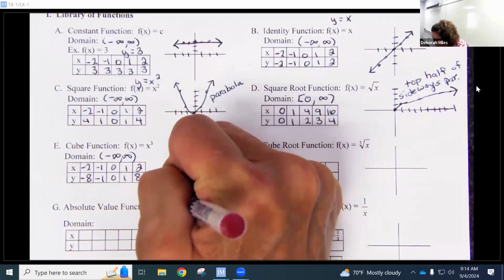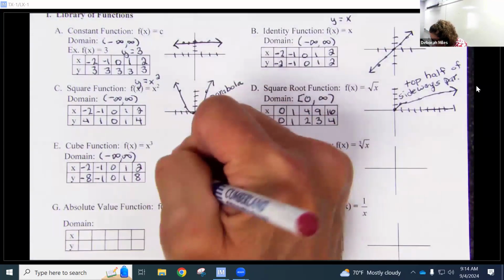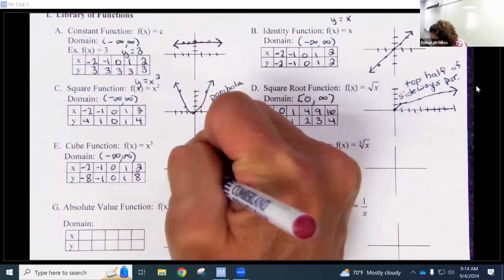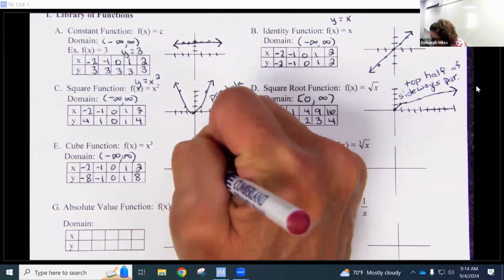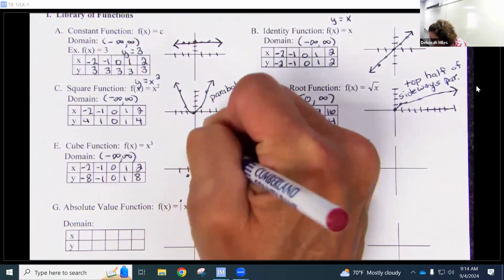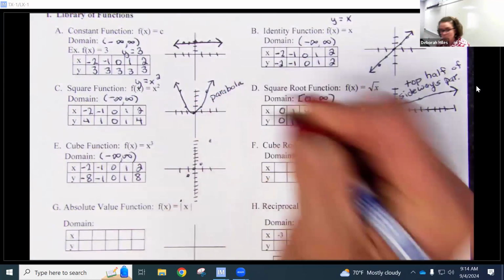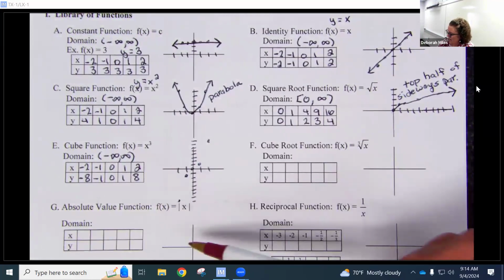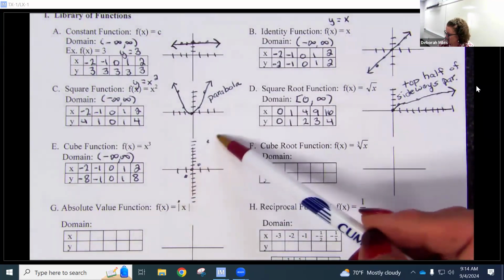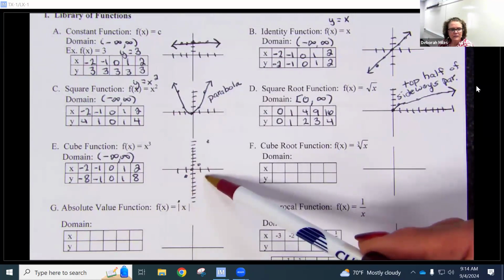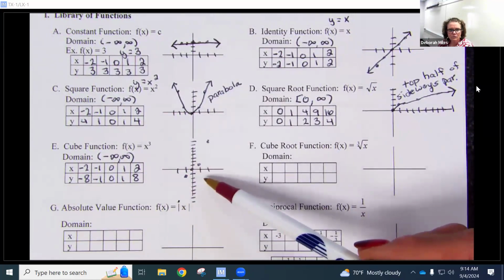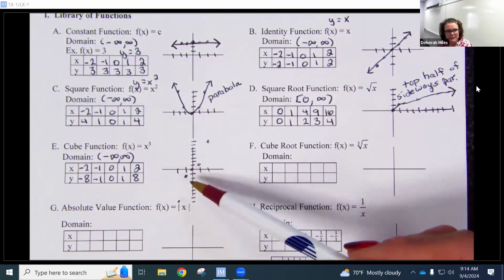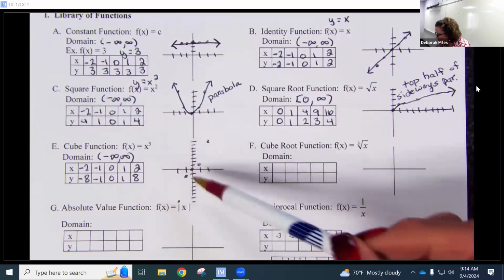Here are the points -2, -8; -1, -1; 0, 0; 1, 1; 2, 8. And before I connect these, this illustrates why you can't just use 2 points or sometimes even 3 points to get a good picture of the graph.